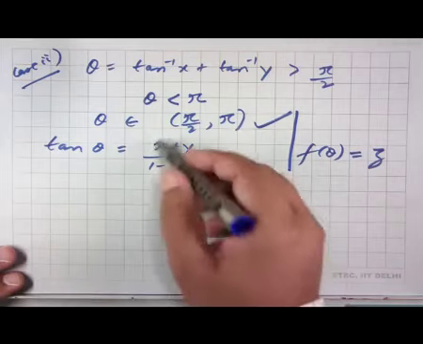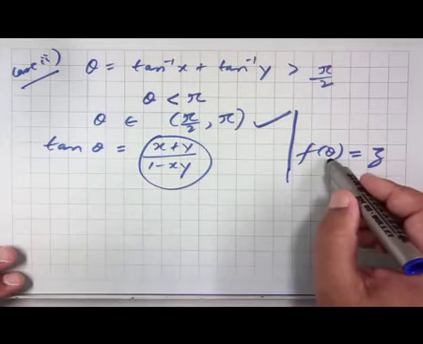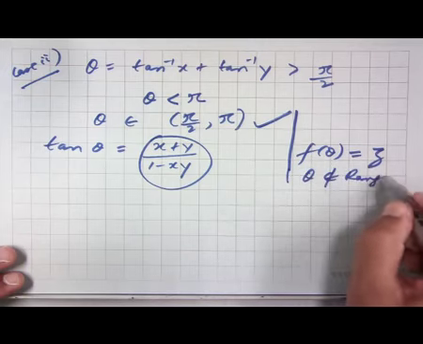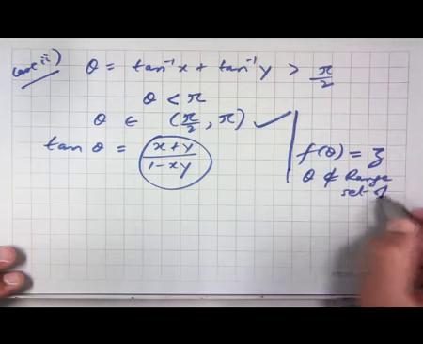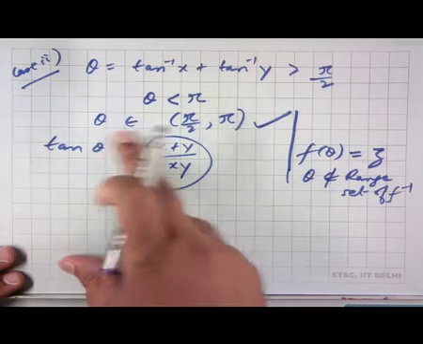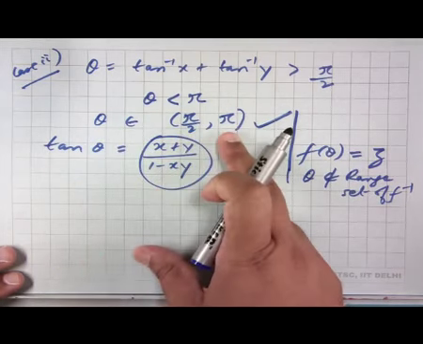So, z is basically this value, but the problem is that this theta does not belong to the range set of f inverse. Even here we see that theta actually belongs to the interval pi by 2 to pi, which is not the range set of f inverse.